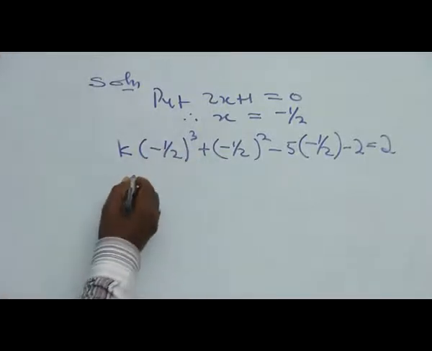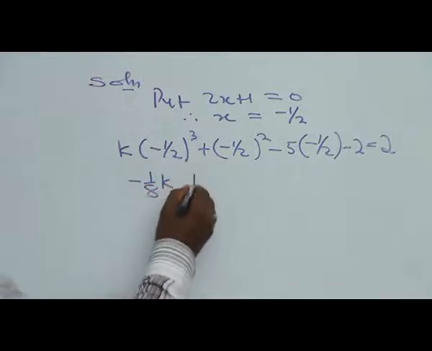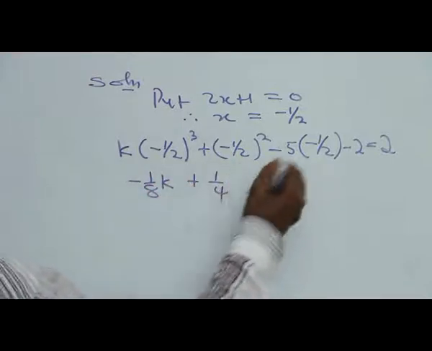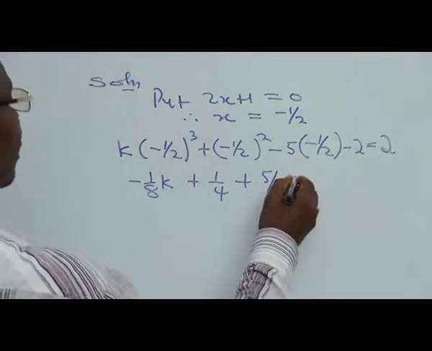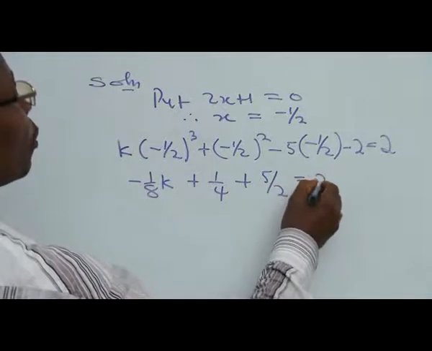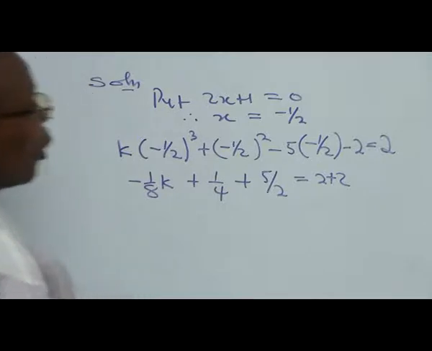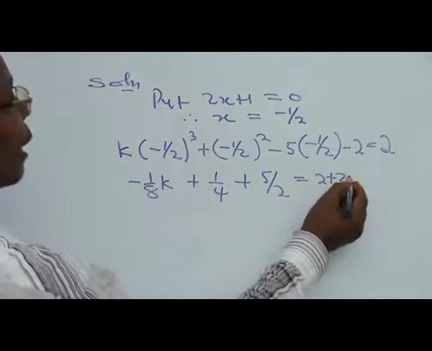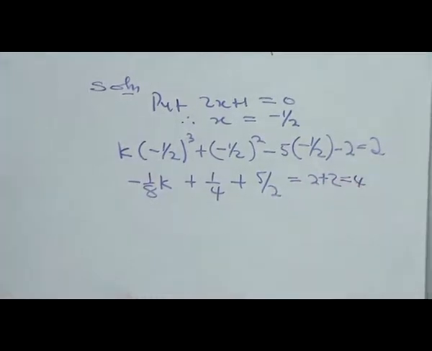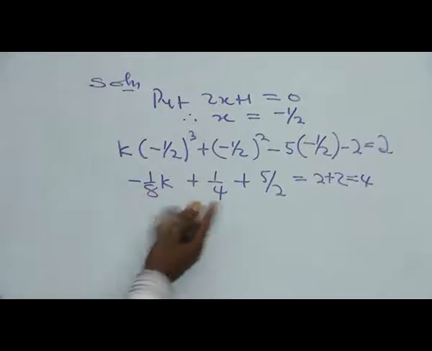Now this becomes minus 1 over 8 k, plus 1 over 4, plus 5 over 2, equal to 2 plus 2, and that is equal to 4. By moving minus 2 to the right hand side, it becomes plus 2. Now let's simplify this.